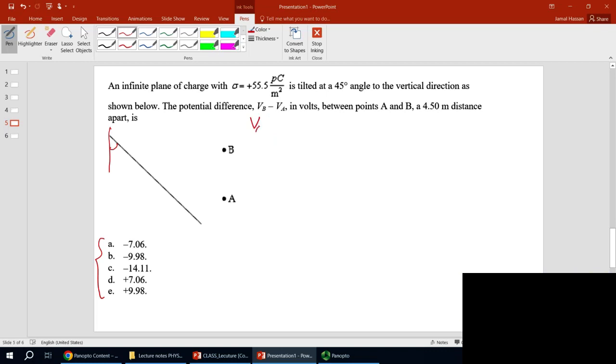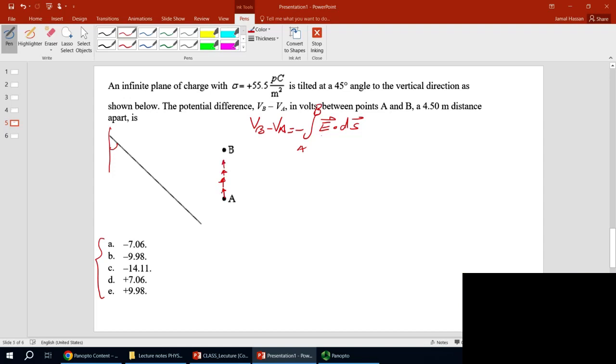We say VB minus VA by definition is equal to negative the line integral of the electric field between point A to point B. Line integral means E dot ds. So what do we mean by E here? E is the electric field while you move from point A to point B, and ds is the vector on the path that connects point A to point B.